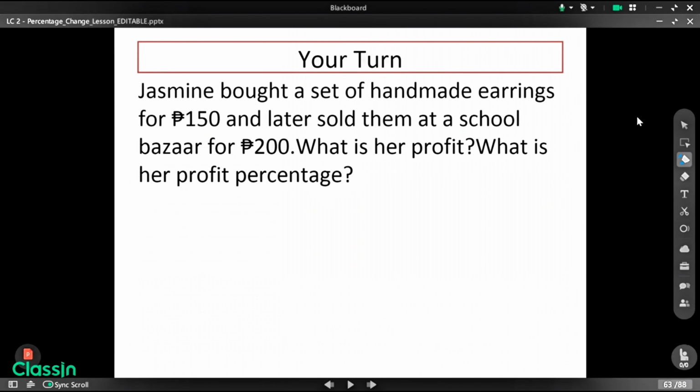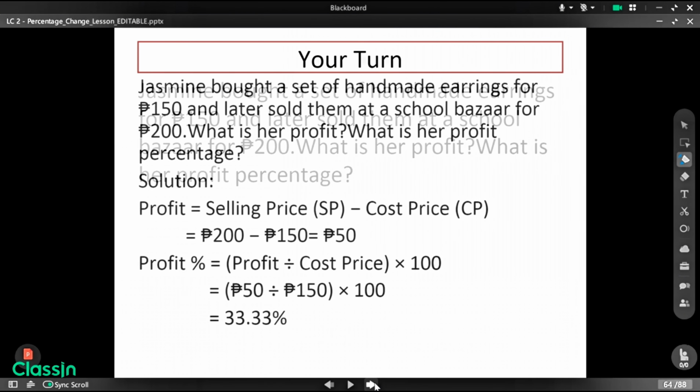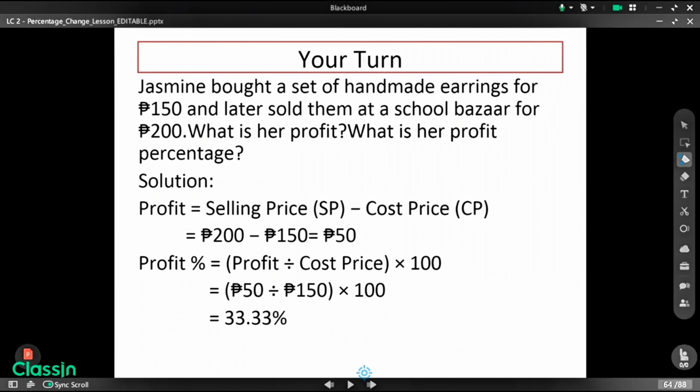Okay, now let's check your answers. All right. So for the profit, we have 200. For the given, we have cost price of 150 and the selling price of 200. So here, the cost price is less than the selling price, so you will have a profit.